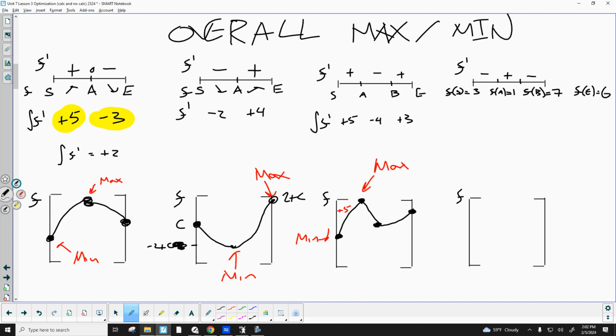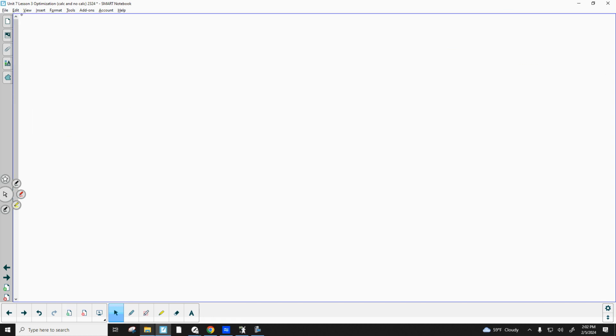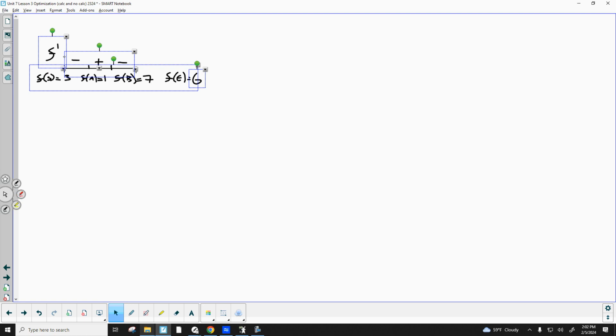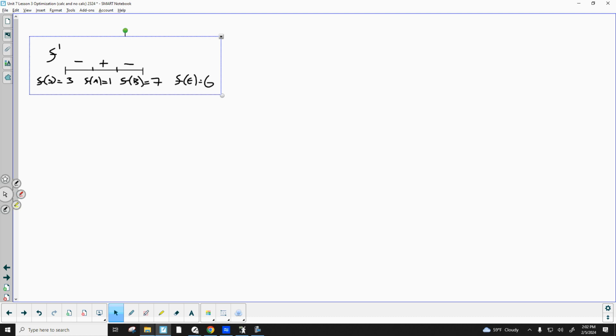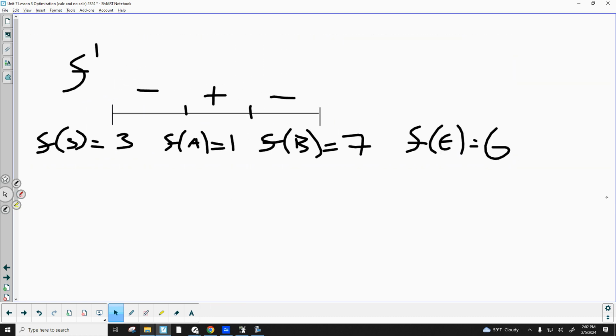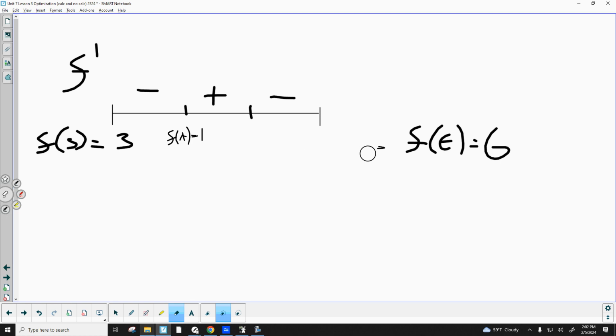What if I gave you all those values of F? What if you knew F of A is 1, F of B was 7, and F of E was 6? Where's the maximum, where's the min?